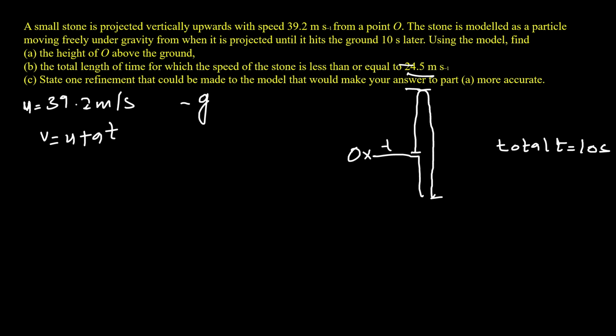We know the final velocity when it reaches the top is 0. So 0 is equal to 39.2 minus g times T. So T will be 39.2 divided by 9.8, which is equal to 4.